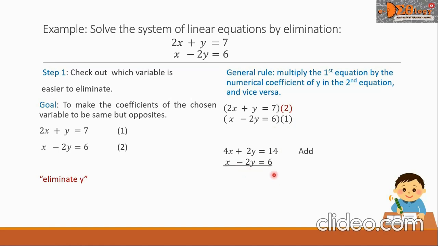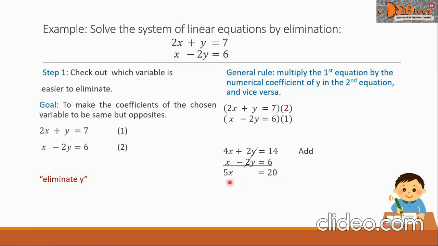And from here, let us add. Look at our variable y. We have positive 2y and negative 2y that we can simply eliminate or cancel. And then let us add the x and the x. So we have 4x plus x will be 5x. And the right side is now equal to 14 plus 6, which is 20.